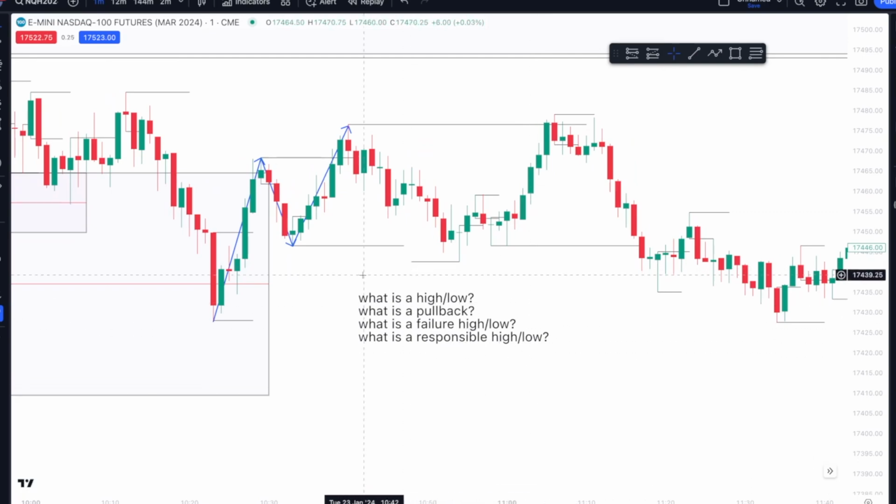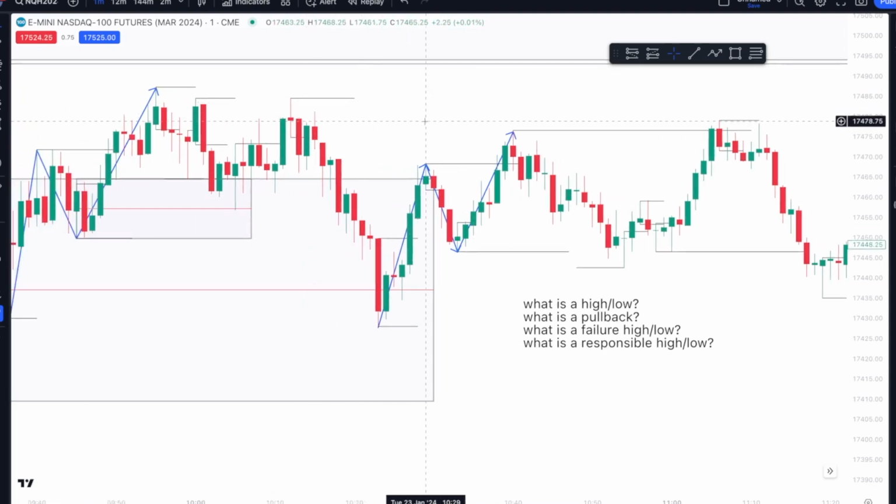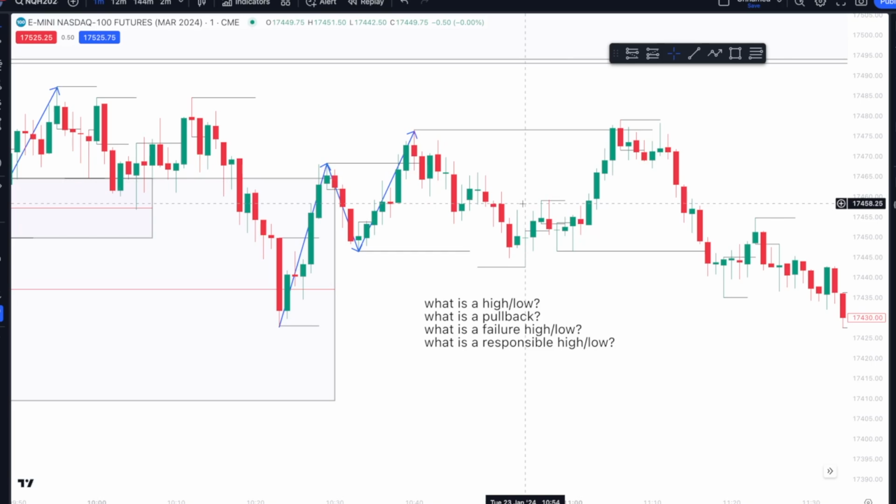A high or a low is only established once the highest point is closed below or the lowest point is closed above. A pullback is what occurs when we see a high get established on an uptrend by getting a closure below the highest point, or a low getting established on a downtrend by getting candle closure above the candle that put in the lowest point.